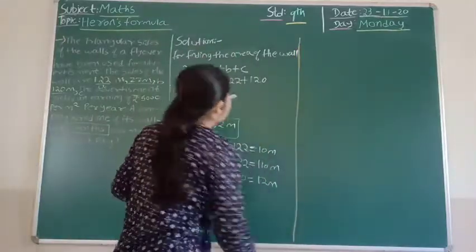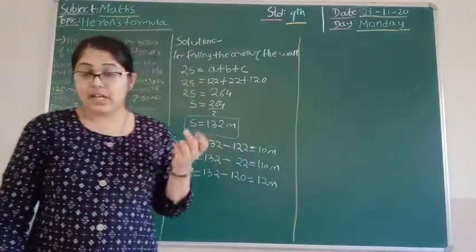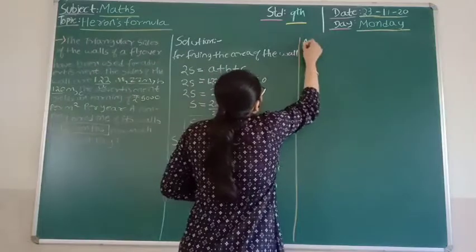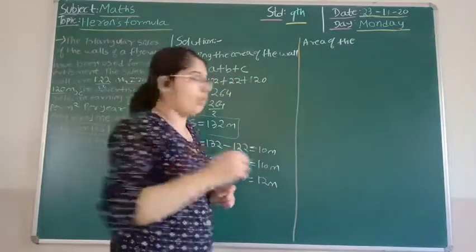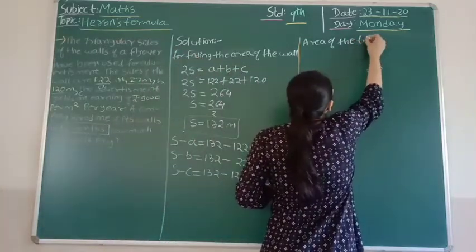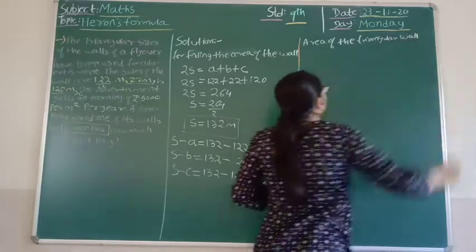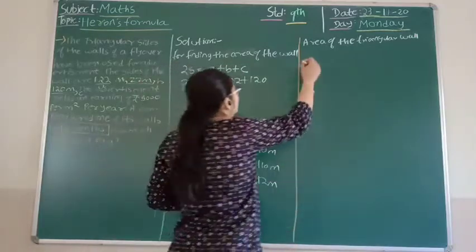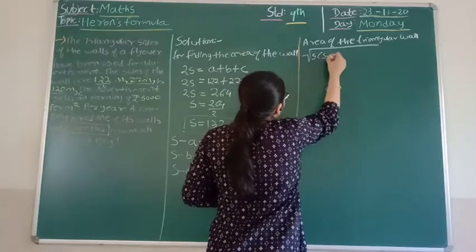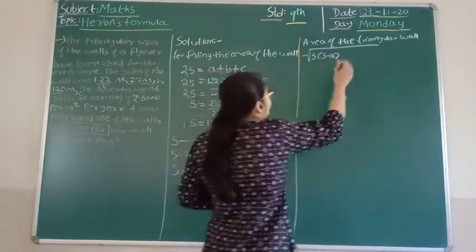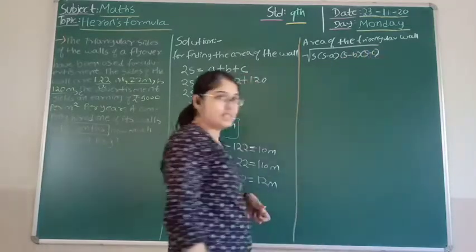As we know, the area of the triangular wall will be the square root of S into S minus A, S minus B multiplied with S minus C. Now keep all of these values inside it.